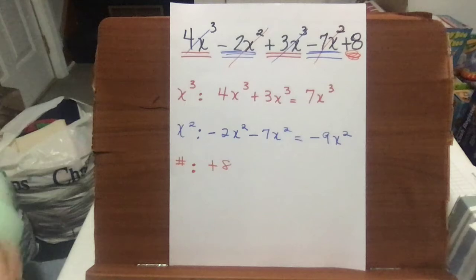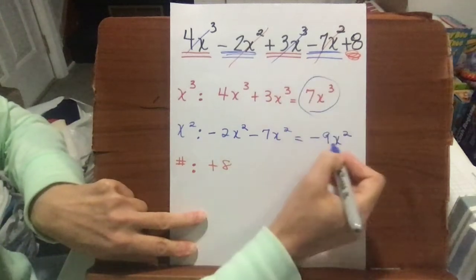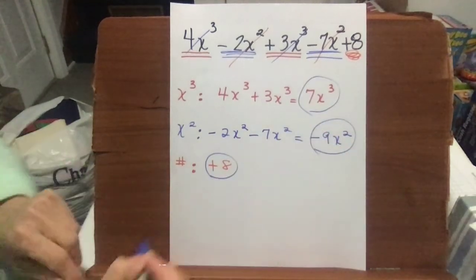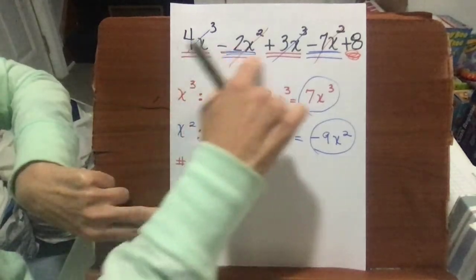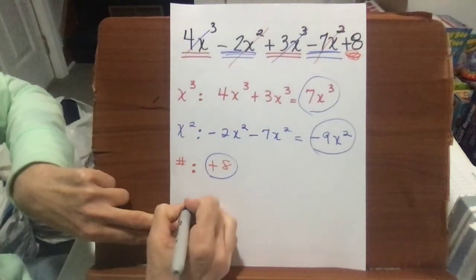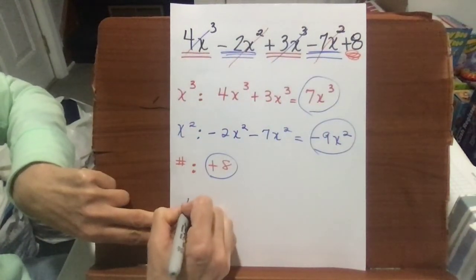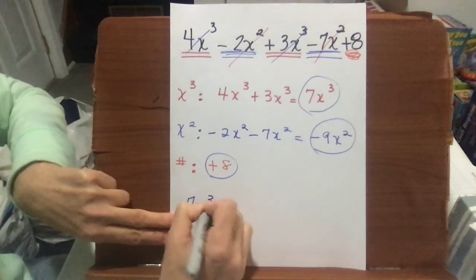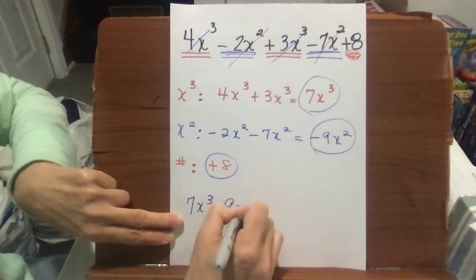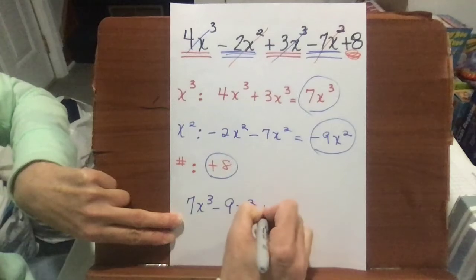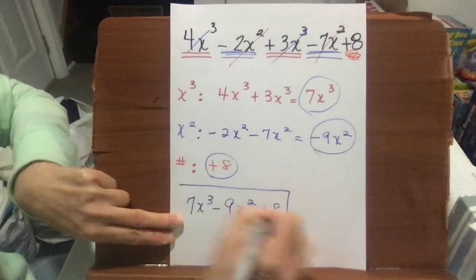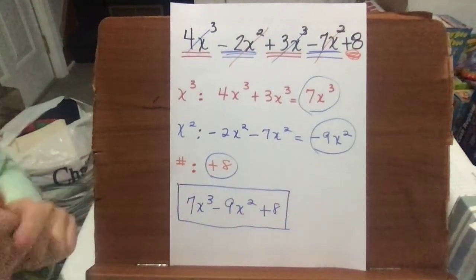So our final answer is going to be all of these final results in the categorizing we do, or the underlining we do, depending on which method you decide to take. And it's 7x cubed minus 9x squared plus 8. And that is our final answer for combining like terms.